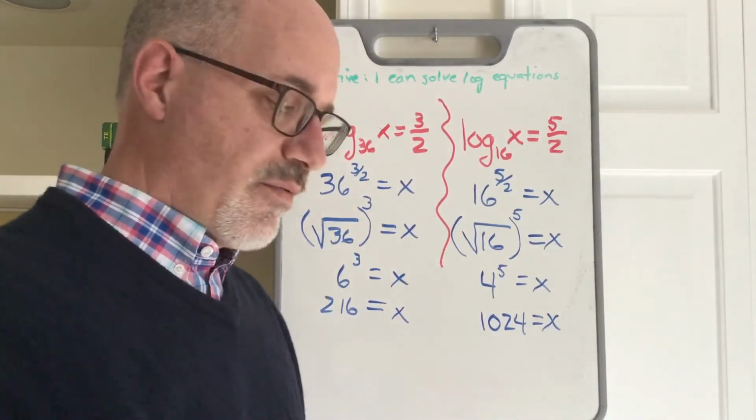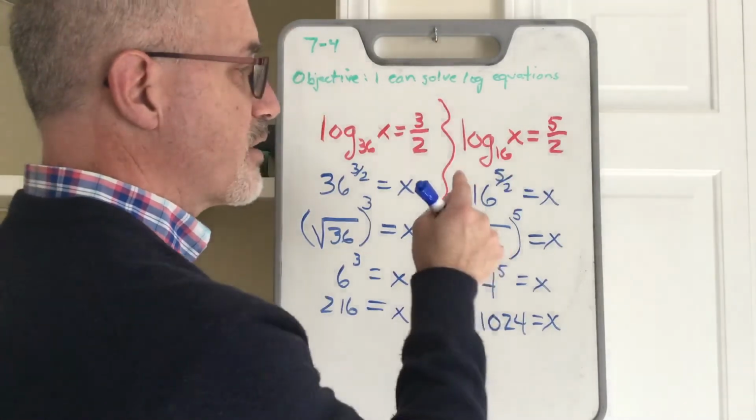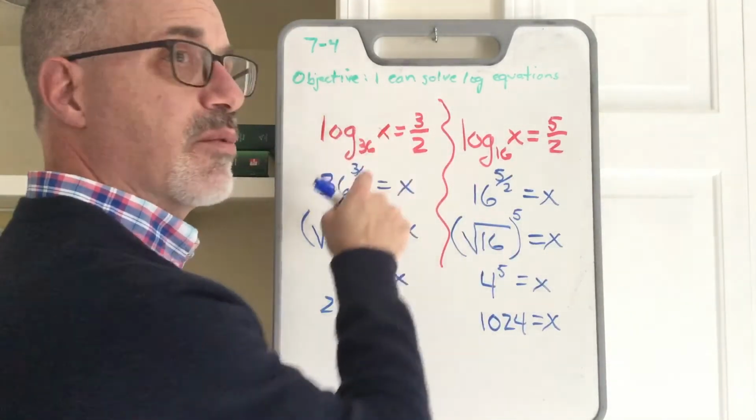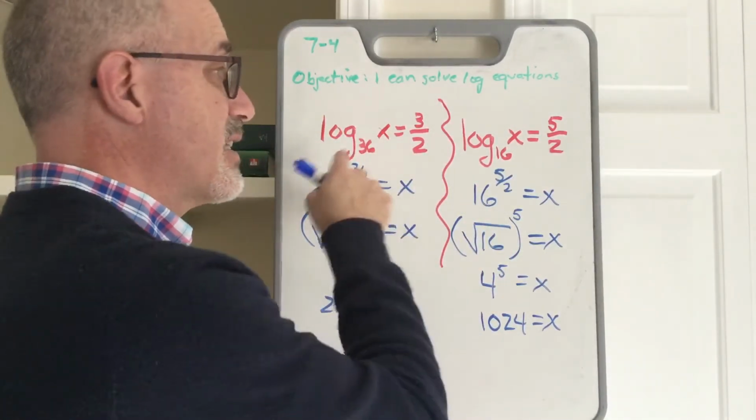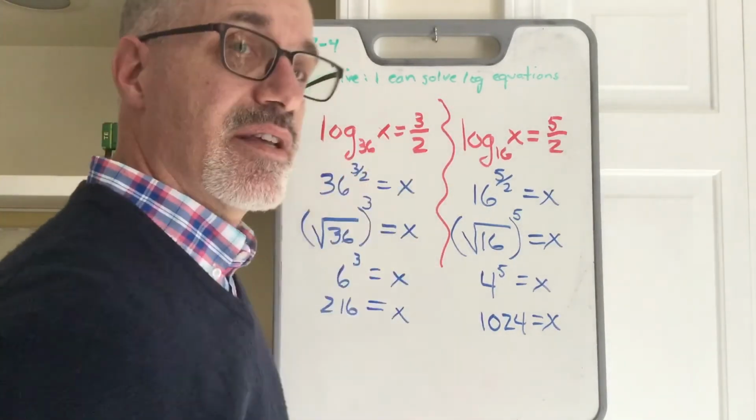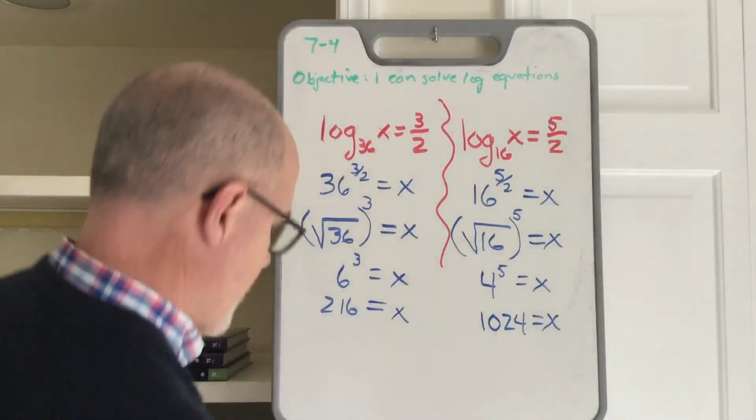Now what if the x isn't there, but instead is in a different place, maybe as the base of the logarithm? Let's try a problem like that.